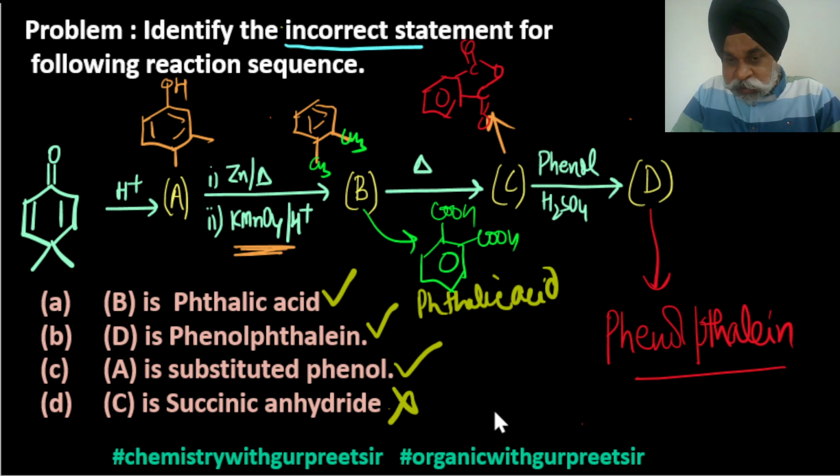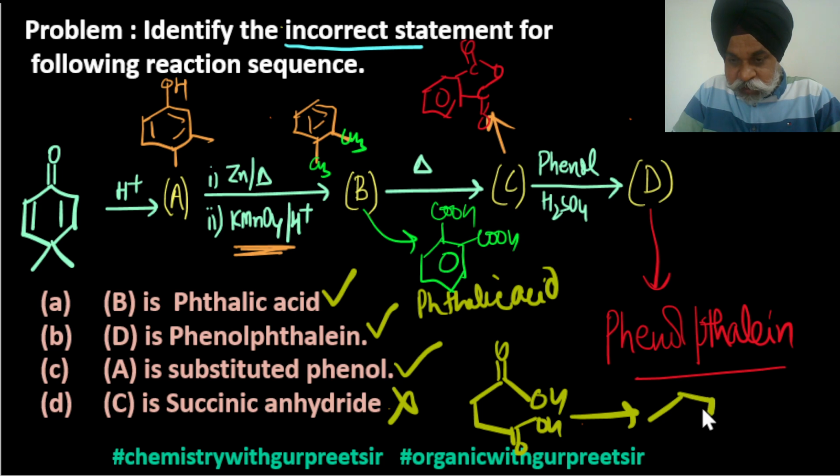This is wrong. Succinic anhydride is this entity. It comes from succinic acid, a 1,4-dioic acid, which when it underwent dehydration, the water goes out from here. This is succinic acid, 1,4-dioic acid, and this gives you succinic anhydride.